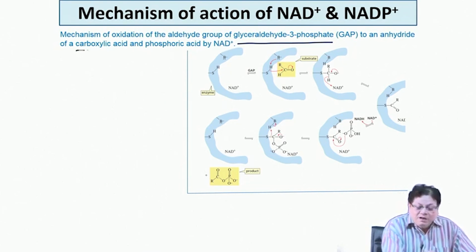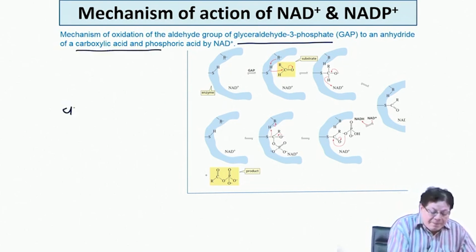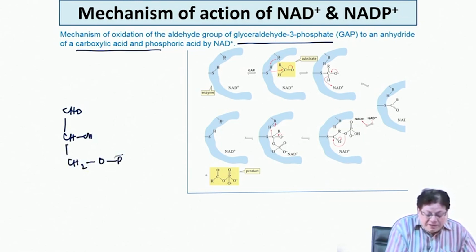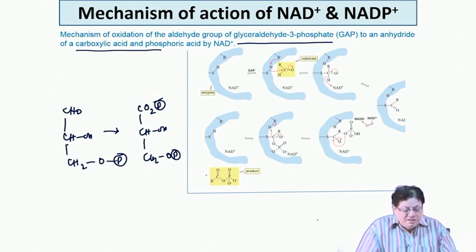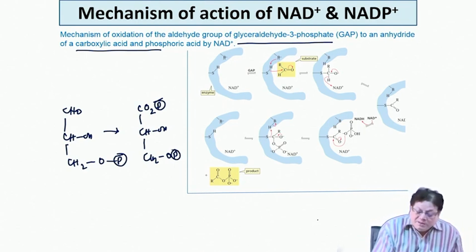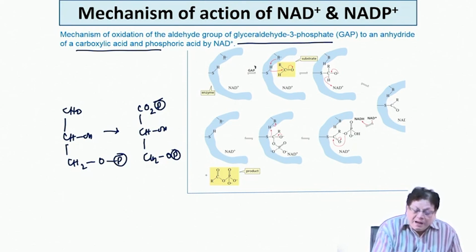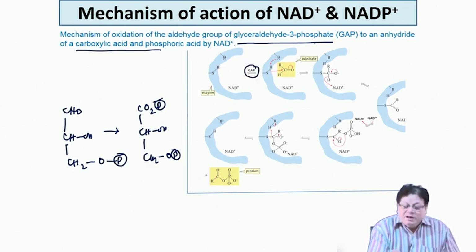I told you glyceraldehyde 3 phosphate goes to 1,3-bisphosphoglycerate, with CO2 phosphate, CHOH and CH2OP. So, that is glycerate, and this is glyceraldehyde. Okay. So, what is the possible mechanism? GAP is this glyceraldehyde 3 phosphate.